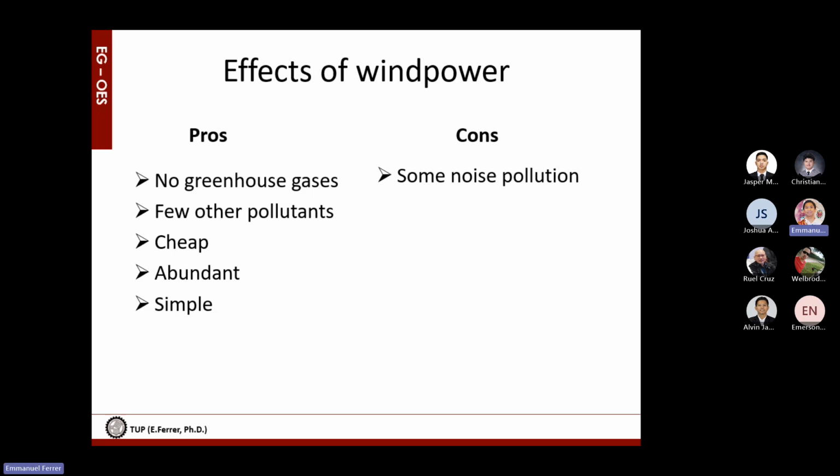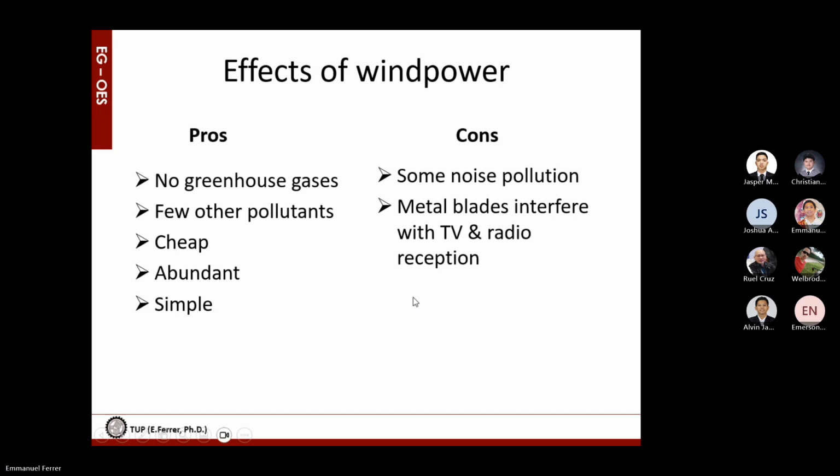So, for cons, we have noise pollution. Yun nga, na-mention ko kanina. Metal blades interfere with the reception, so it can disrupt yung TV and radio signals. No?